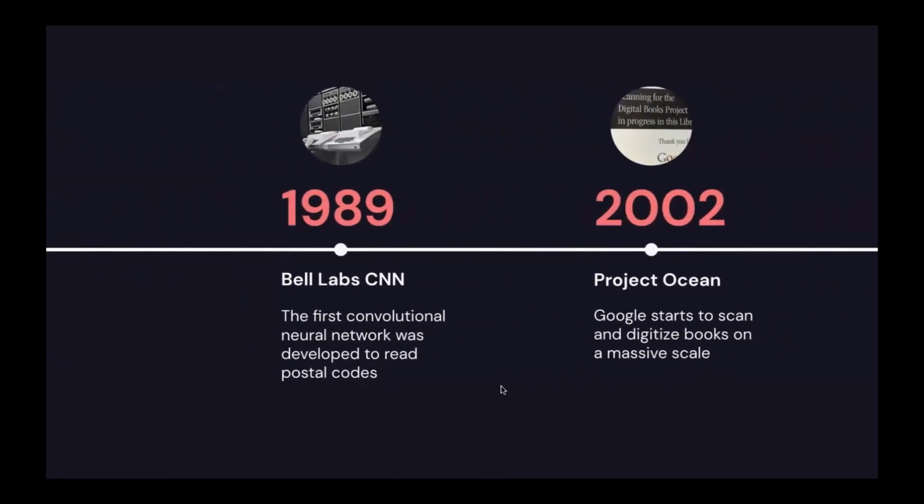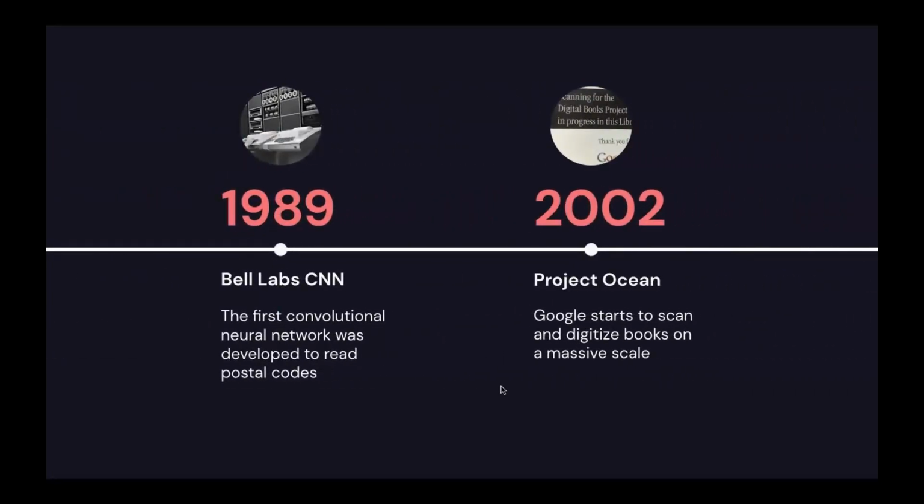Further ahead in time, but still in the 80s, something that is early enough to maybe surprise a few is that in 1989, we had the first convolutional neural network. It was invented at Bell Labs in New Jersey and used to read postal codes on letters. And this is the foundation of both modern day machine learning, but definitely modern day OCR.